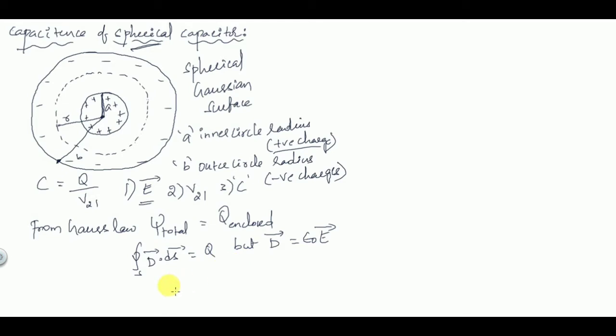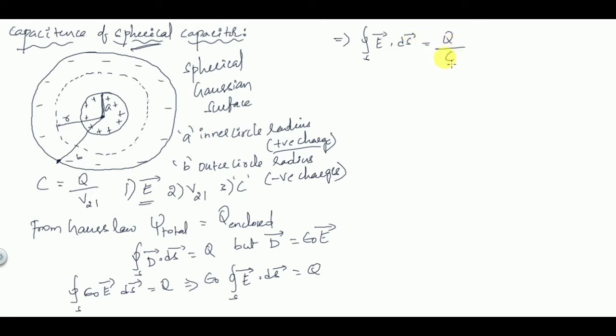So integral over S of epsilon naught E bar dot ds bar is equal to Q. Epsilon naught is a constant, so you can write it outside the integration. So epsilon naught into integral over S of E bar dot ds bar is equal to Q. This implies integral of E bar dot ds bar is equal to Q by epsilon naught. So E bar times integral over S of ds bar is equal to Q by epsilon naught.